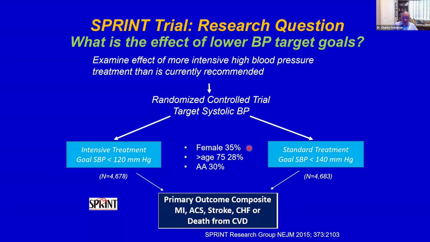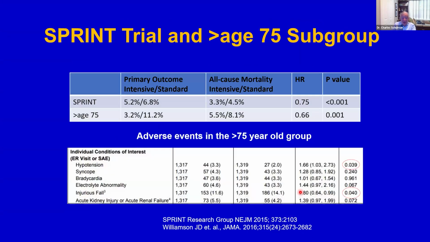A third of them were females. 28% are over the age of 75, and 30% of them were African Americans. The primary outcome was a composite of myocardial infarction, acute coronary syndrome, stroke, heart failure, or death from cardiovascular disease.